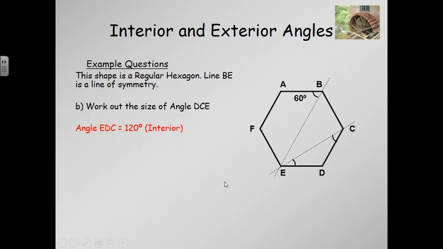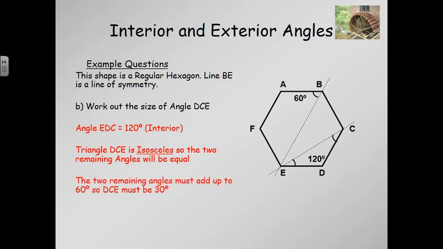And we also know that because it's regular, ED will equal DC, therefore we've got an isosceles triangle. So the two that are left will have to be equal. Triangles add up to 180 degrees, so if we subtract our 120 between this one and this one, we've got 60 degrees to share, so each one must be 30 degrees.